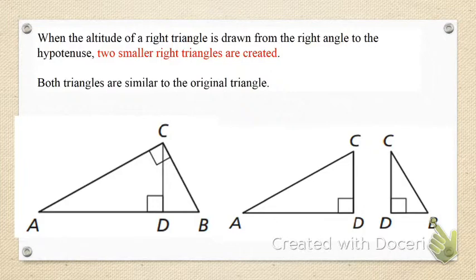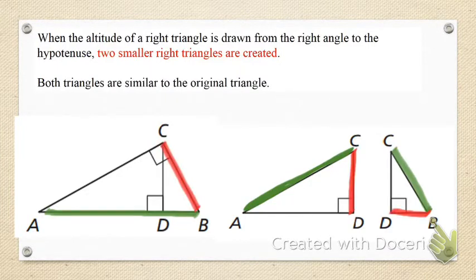And these triangles are all similar to each other, and it's a little bit hard to see, but basically what we're saying is that the hypotenuse of this triangle is in proportion to the hypotenuse of this triangle, and that's in proportion to the hypotenuse of this triangle. And similarly, all the shortest legs of all three triangles are in ratio to each other.